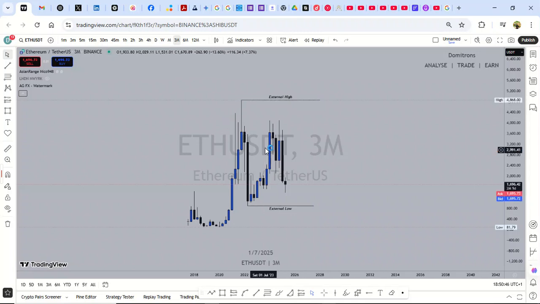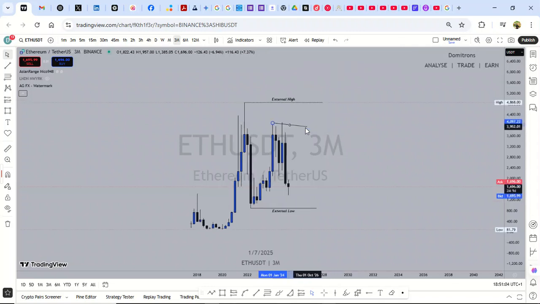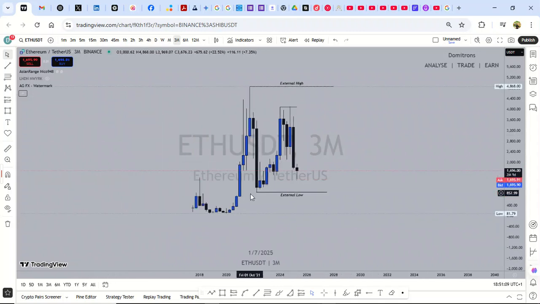But in most cases there is a failure swing that might be created, and that is the failure to go for the high. So this right here is what we call a failed high, but I will not call it a failed high yet, for the reason that we do not have a structural break.